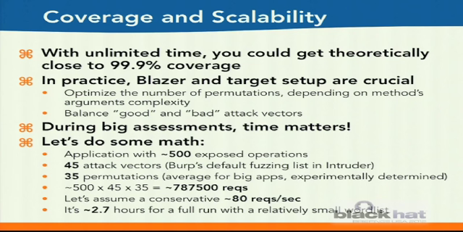And even in the case of 45 attack vectors, with an average of 35 permutations, which is something I determined experimentally but is a good approximation of how many times you need to try to build a complex object, and assuming a setup with a laptop running Burp and Blazor and a remote server for testing, that's going to take almost 3 hours.